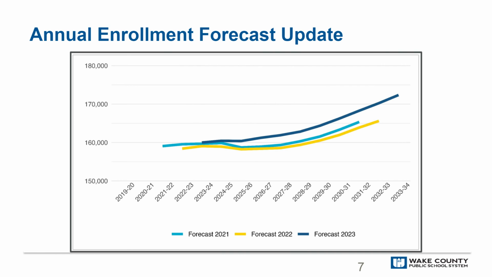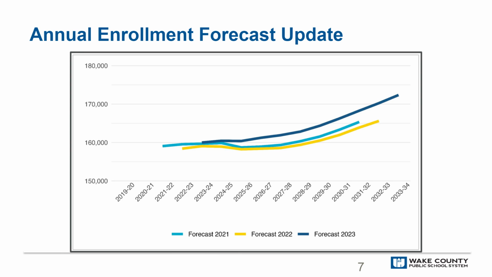This graph represents the changes that we see each time the annual enrollment forecast is updated. The light blue or teal line represents the 10-year projection in 2021. The yellow line represents adjustments to that projection based on updates received in 2022.